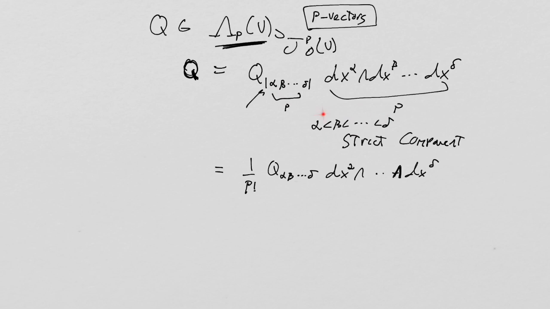I'm only summing over the sequence where alpha is less than beta, which means I'm never going to get two permutations of the same collection of basis vectors. Here I'm summing every permutation, so every possible permutation is going to show up, and they only differ by a sign. But every time a different permutation shows up, if the sign switches, the sign here will switch too, because this is antisymmetric in all of its indices.